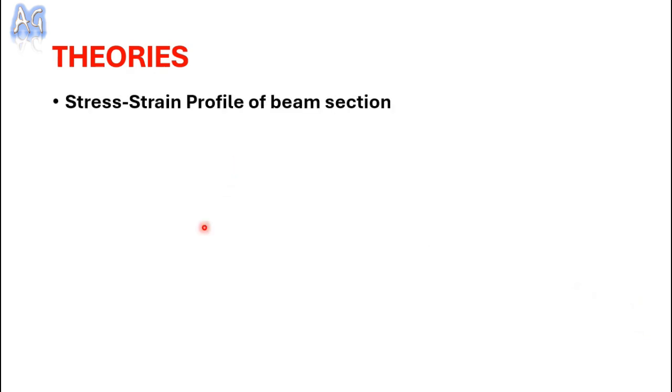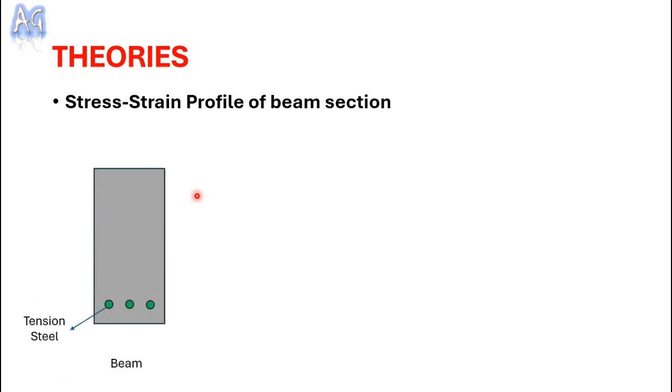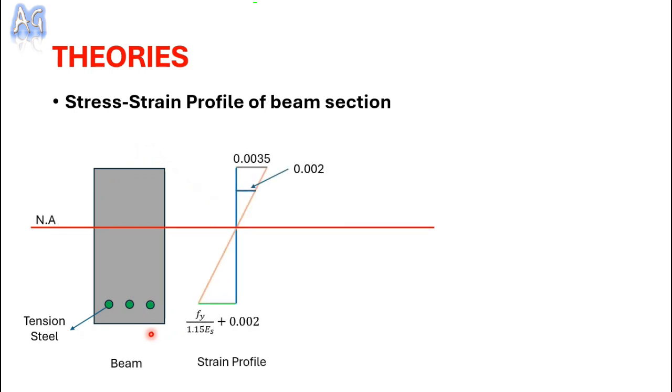Now moving to the theory part. So in theory, first we are going to see what the stress strain profile of a beam section is. So here you can see it is a rectangular beam and we have provided steel at the bottom fiber, and if we draw the strain profile it will be like this. So we are getting maximum strain for concrete, that is 0.0035.